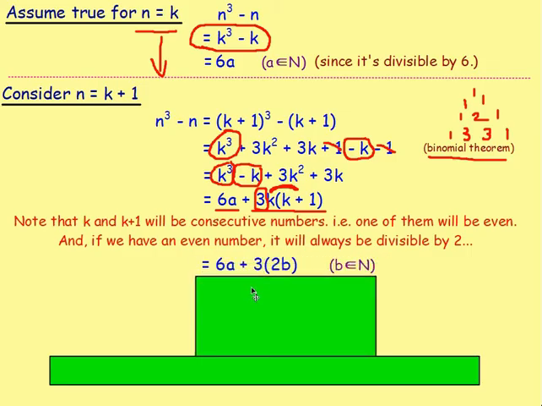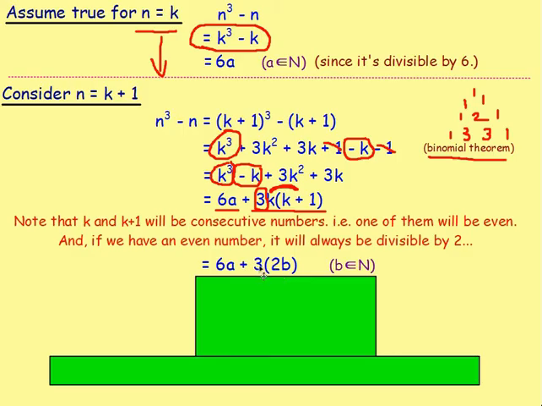So what we can say then is the 6a will just stay as it is, but we'll have 3 times, and because one of these numbers will be even, it will be divisible by 2, so we can write the k times the k plus 1 as 2 times something. Again, I'm bringing in another letter and saying it's equal to b, and b is a natural number.